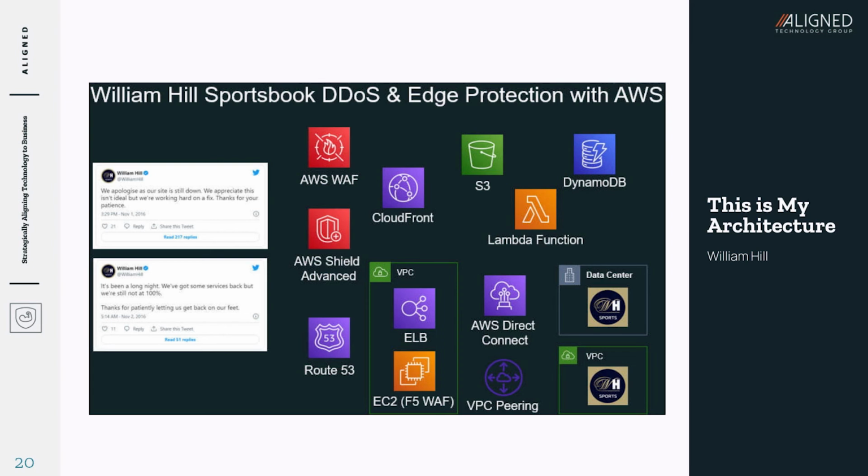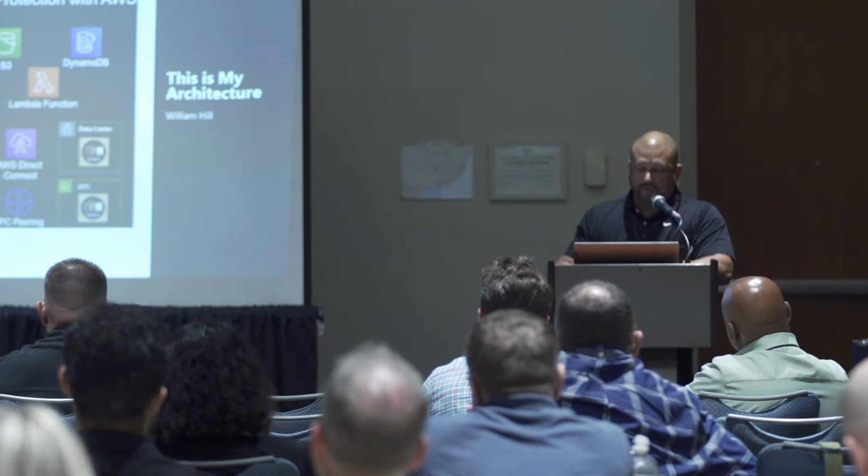So, to begin with, all sportsbook requests, all traffic, is handled by CloudFront, relying on AWS Shield Advanced and AWS WAF to mitigate those layer 3, layer 4 DDoS attacks, such as SYN floods, as well as application layer attacks such as HTTP floods. Because they subscribe to AWS Shield, they also get AWS WAF, and now, as recently announced, Firewall Manager.